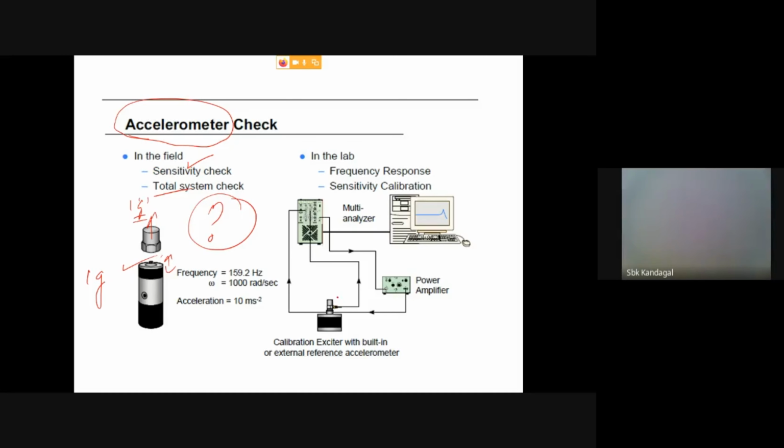One is the standard accelerometer, and you see how the accelerometer response is across the frequency bandwidth. This is where you will come to know the resonance of the accelerometer itself. When you sweep the frequency on the electrodynamic shaker with a reference, you can get the accelerometer response as well as its amplitude, as far as sensitivity is concerned.